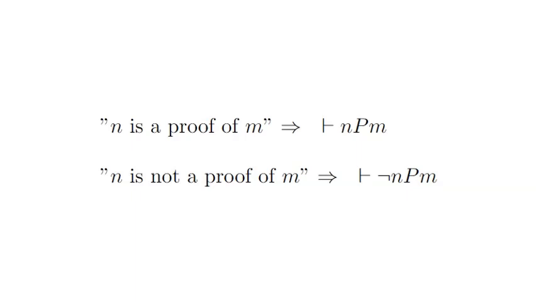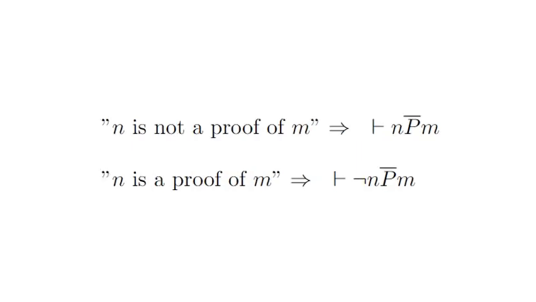Now we're going to take the not operator, the negation operator, which is a recursive function. We're going to compose the two of them together, the recursive functions, and then we're going to use it to define the recursive relation nP̄m, or n is not a proof of m.